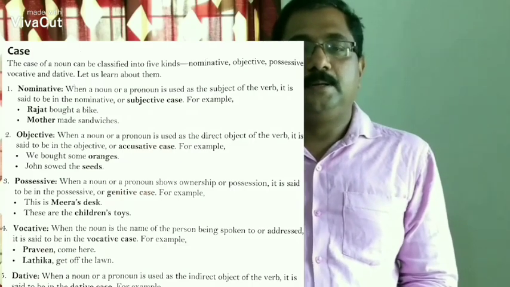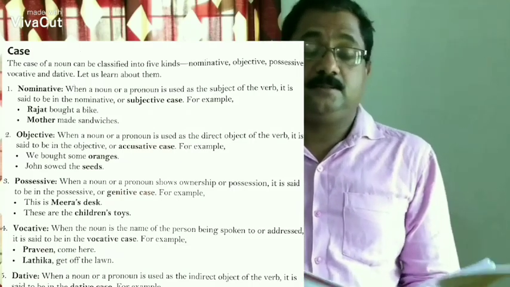Now children, let us see the next category of noun, case. What is case? Case means the usage of noun. That means we can use them as the subject of the sentence, the object of the sentence, or to show the possession of a noun, etc. Okay.